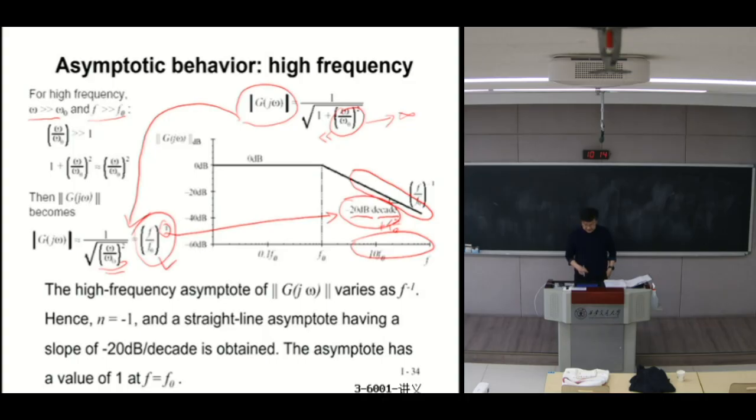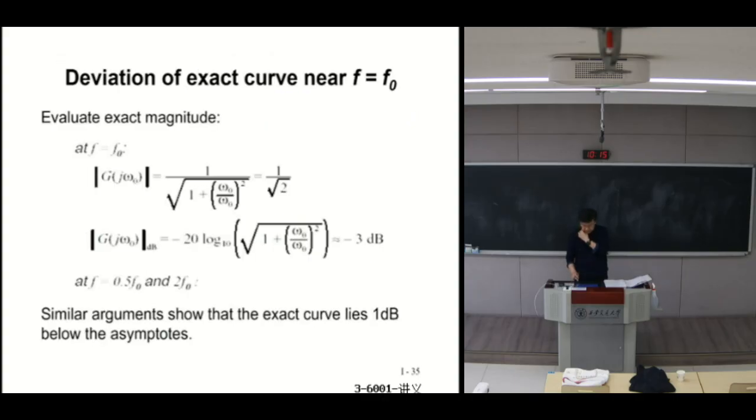That's how we get this. These two sections of straight lines, a flat line with zero slope at low frequency and a line with -1 slope at high frequency, are called asymptotes.